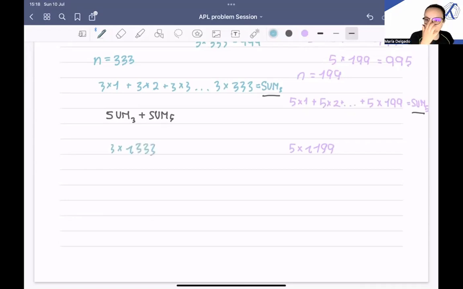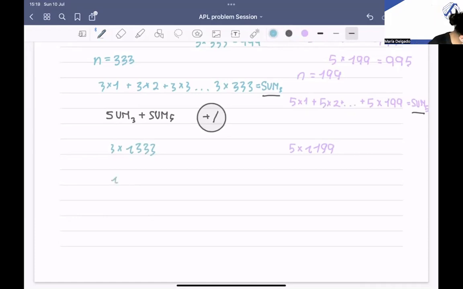But we need the sum of the values. If we remember, in APL, we have the plus reduction. That is this thing that we are seeing here, that sums all the values in the vector. So let's put an example and then we will do it.